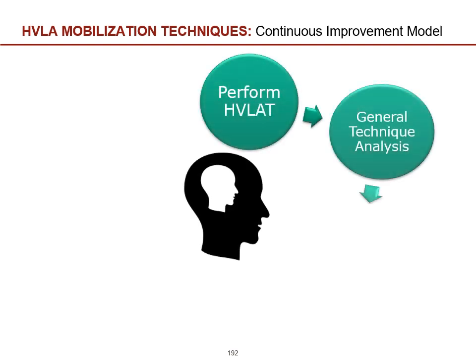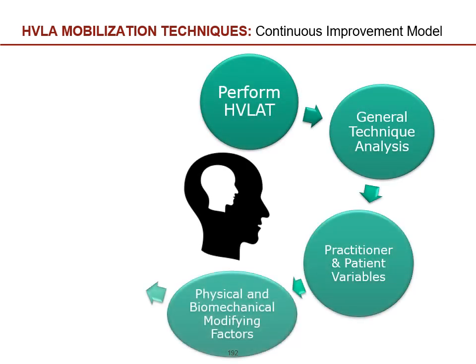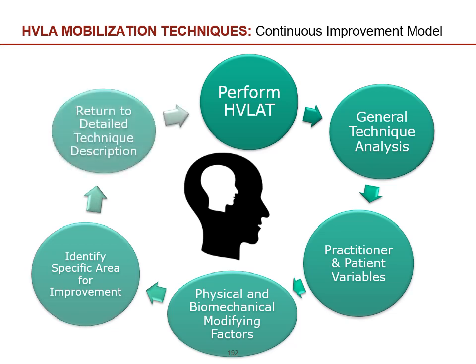Okay, and then the final steps of the continuous improvement model are going to be identifying the specific areas for improvement, and then returning to the detailed technique description to better refine it.